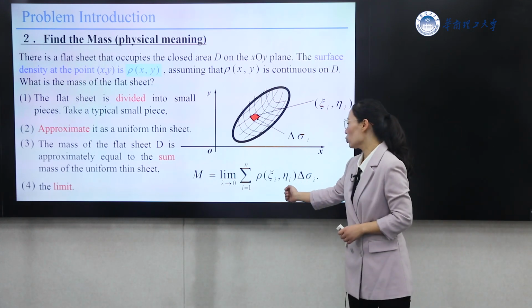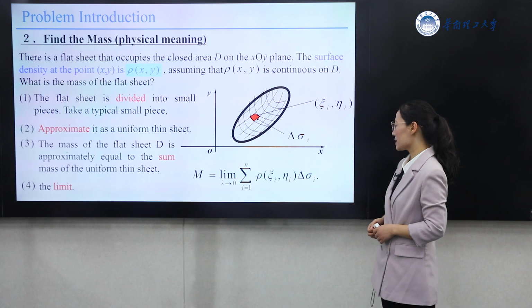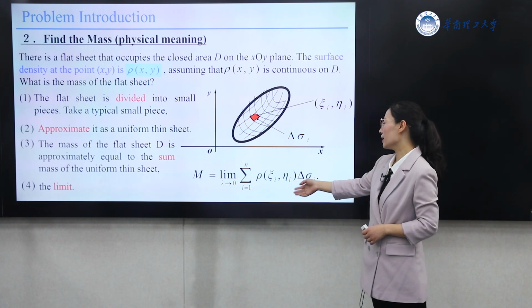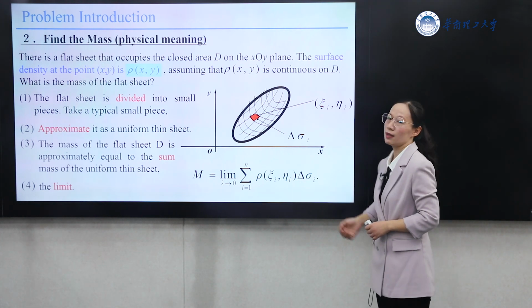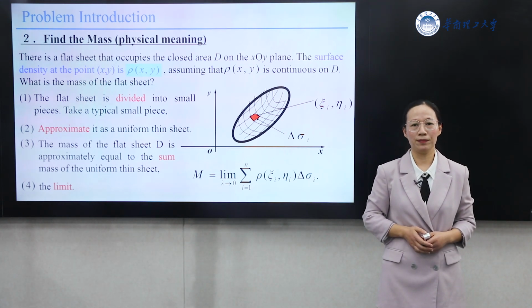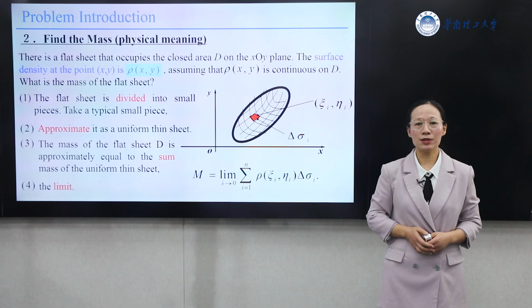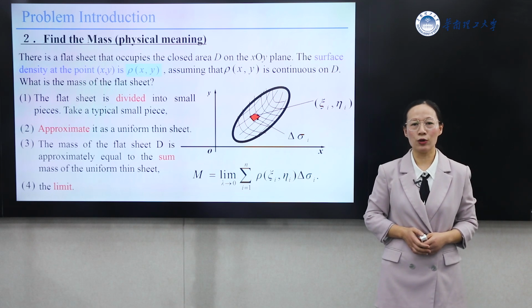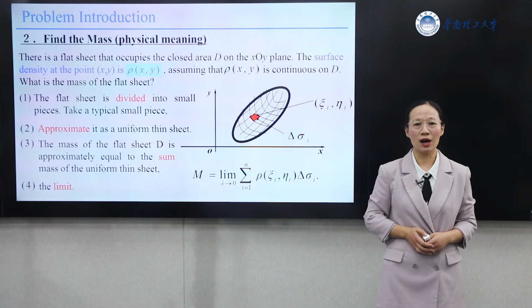Step 4. Take the limit of the sum, which is the mass of the flat sheet. Capital M is equal to the limit of the sum of rho(xi_i, eta_i) times delta sigma i, i from 1 to n. Here, lambda means the largest area of all the small pieces delta sigma i.